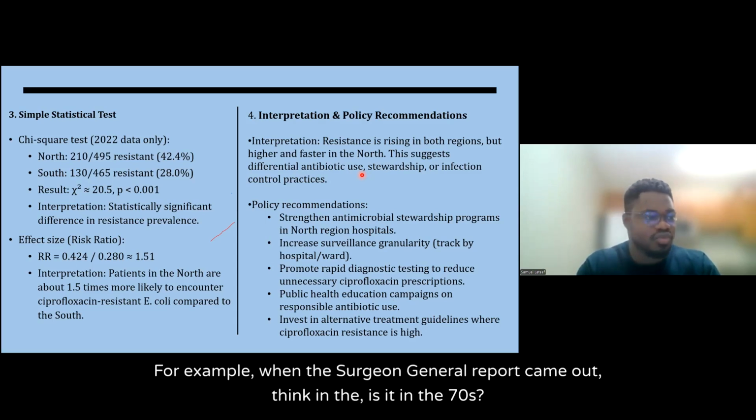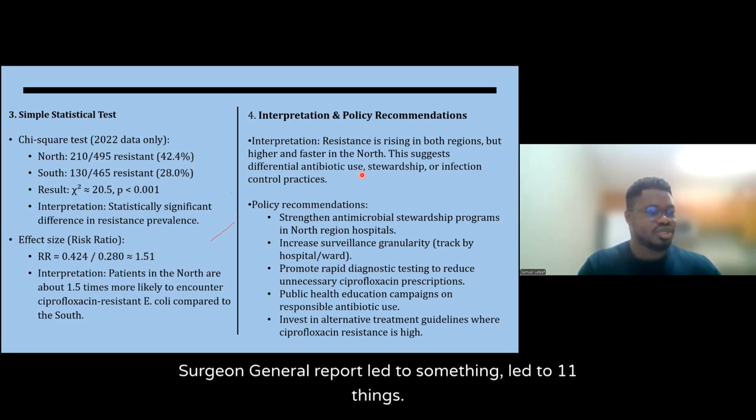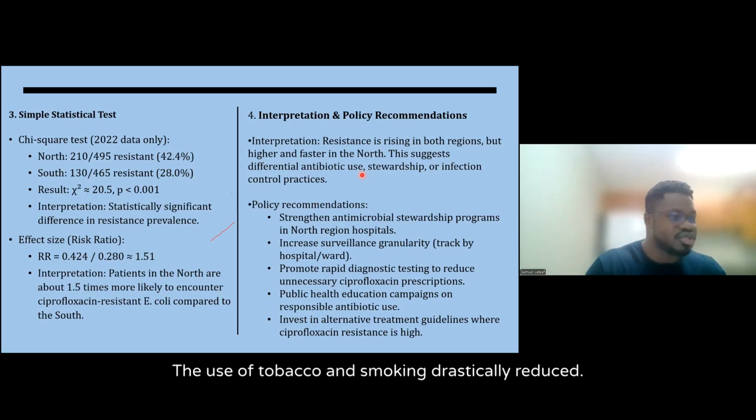For example, when the Surgeon General report came out, I think in the 60s, let me check. The Surgeon General report led to a lot of things. The use of tobacco and smoking drastically reduced.